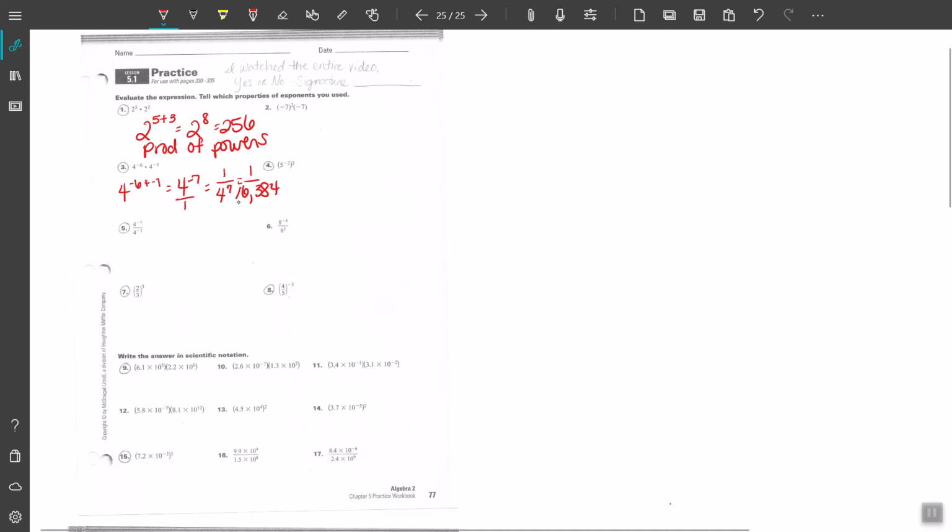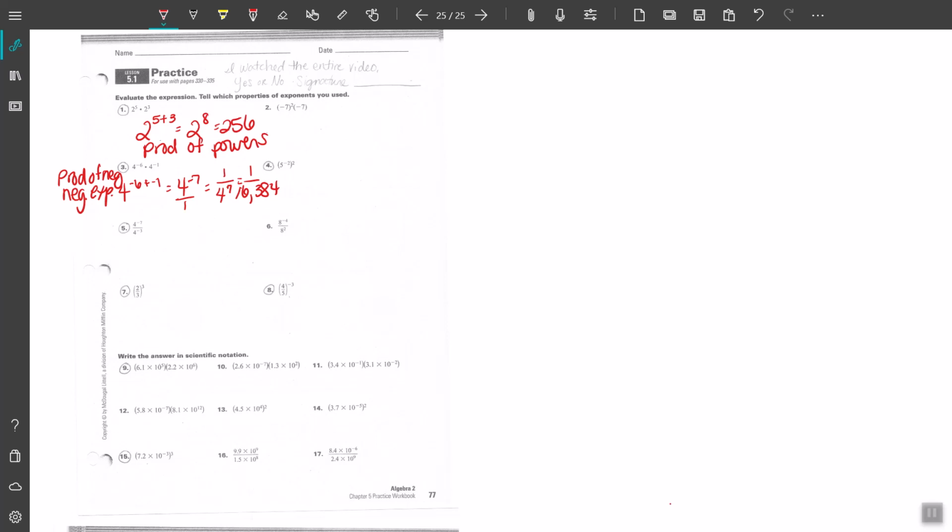If you wanted a decimal from here, you would just go ahead and do that division problem. But the way we have it there is good. All right, so when we do that reciprocating, we call that the negative exponent. Okay, so that's the rule for that one. So we have product of powers, that's how we started it, and then negative exponent.